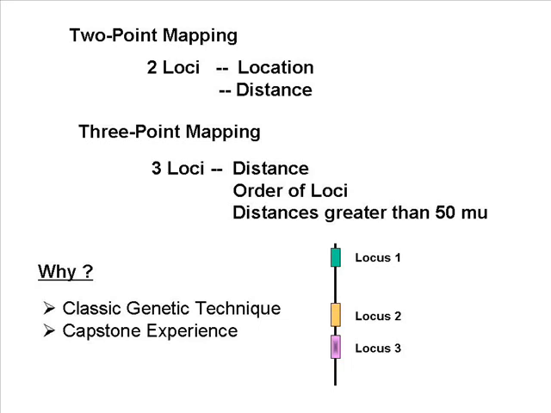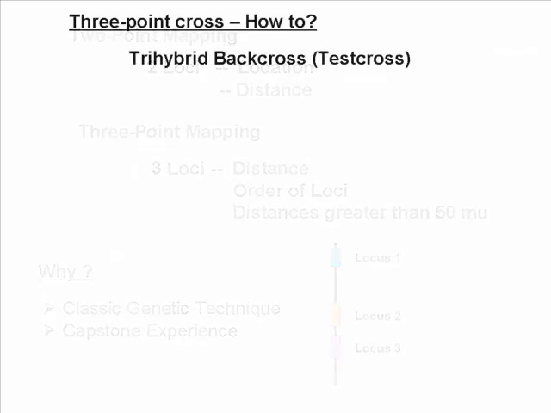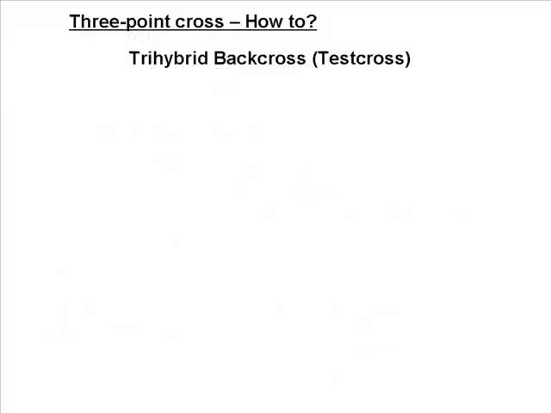You also have to be able to do trihybrid crosses. So to be able to do a three-point map successfully requires a large number of skills operating at the same time. So it makes a very good experience and a way to sort of see how well we're doing at this point.